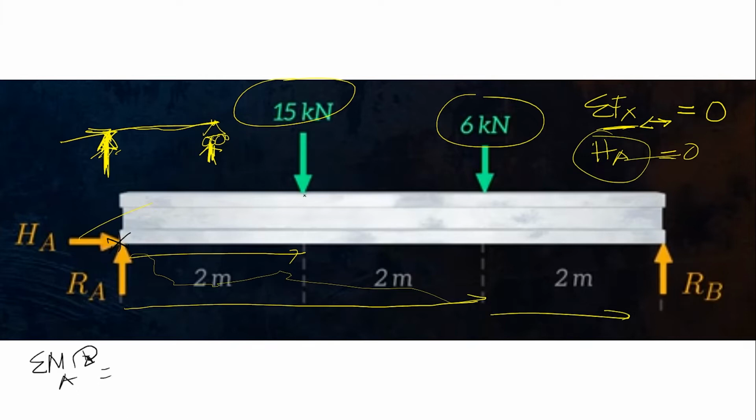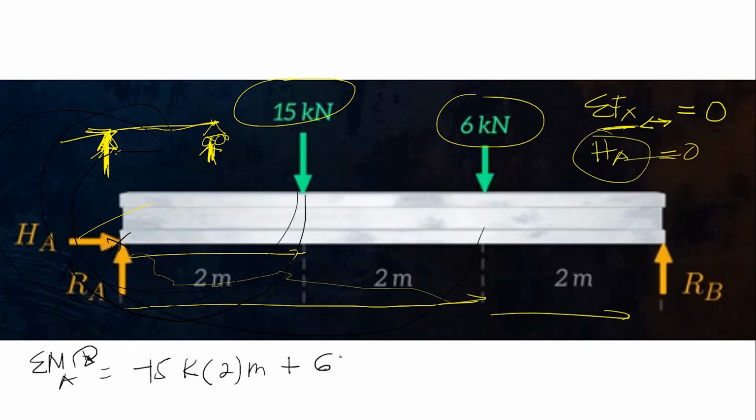So look at this. 15 kilonewton. Anong mangyari diyan? Negative, di ba? Clockwise. So negative 15 kilonewton times 2 meter, plus i-add natin pero negative uli, clockwise in the direction of the clock.